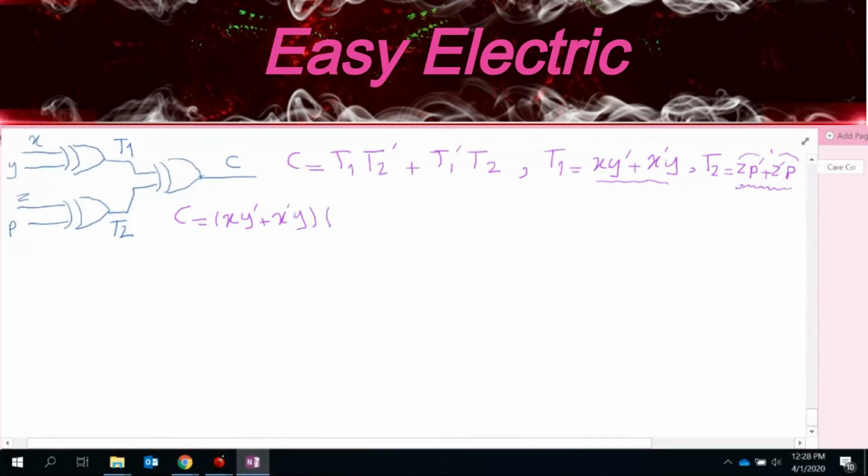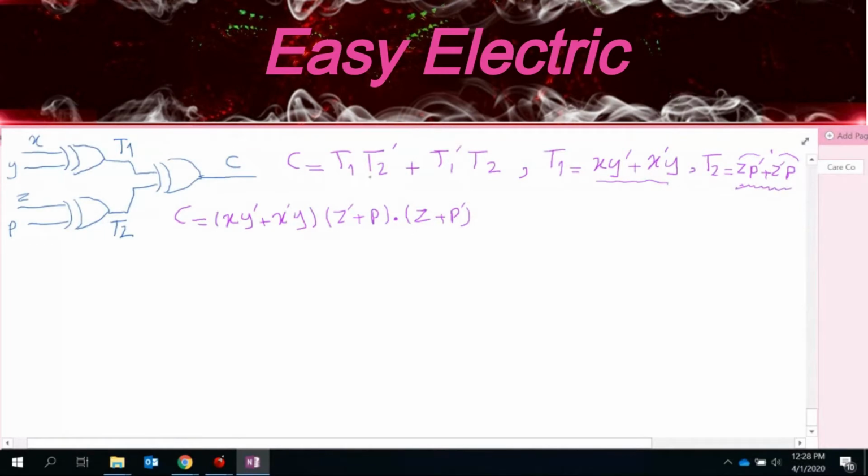I do that. So I replace T2 with this, which should be the prime of this, which is z prime plus p prime prime, which is p. So then you have times, then you have the next one prime, which should be z prime prime, which is z plus p prime, okay? So that's it.